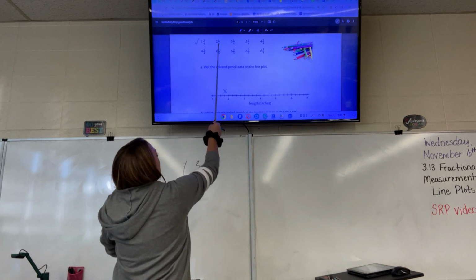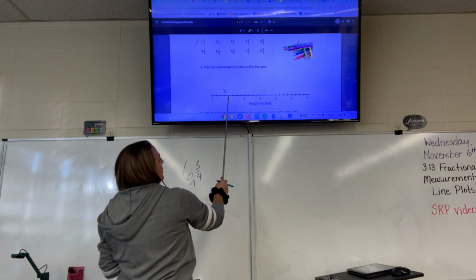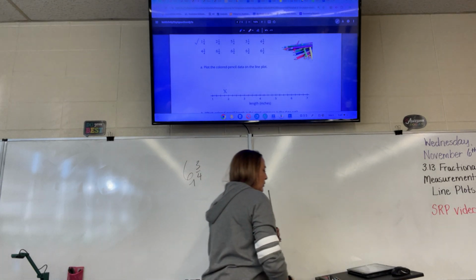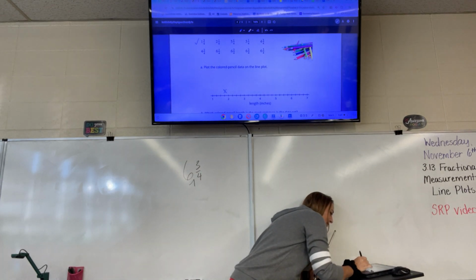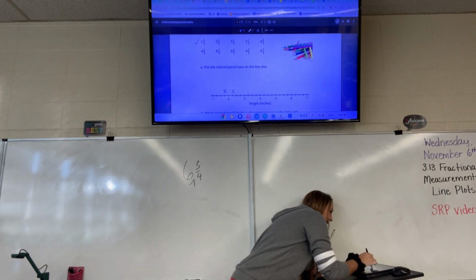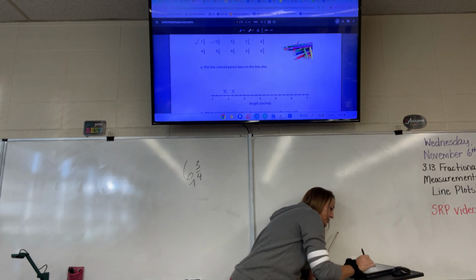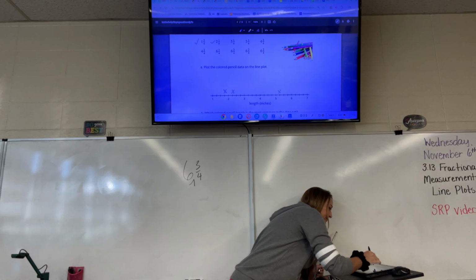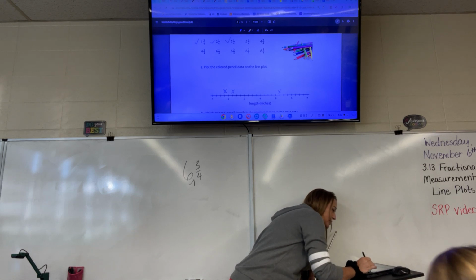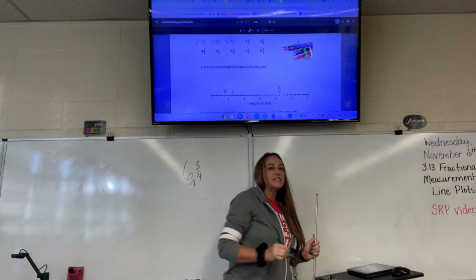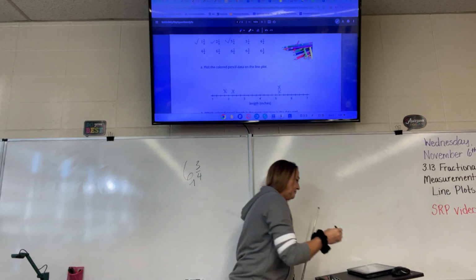Then we do 2 1/4. So we go to the 2 wholes, and it's 1 more fourth past the 2 wholes. Okay? Then we do 5 wholes and 1/4. Then we do 5 wholes and 1/4 again. So we stack another X on top.